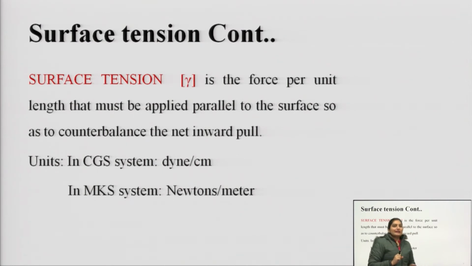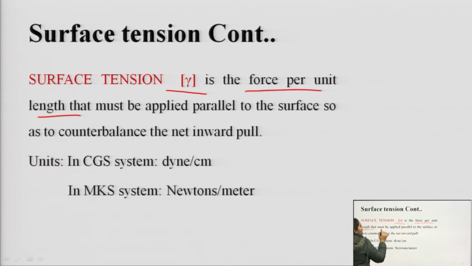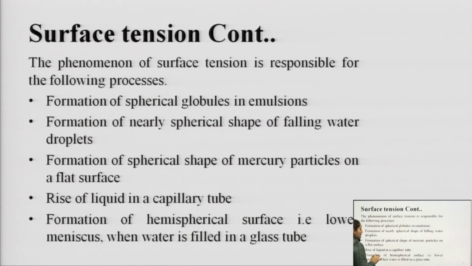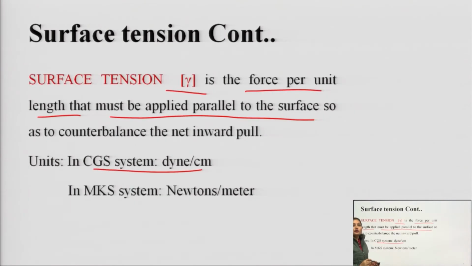Surface tension is represented by gamma, and it is the force per unit length that must be applied parallel to the surface so as to counterbalance the net inward pull.